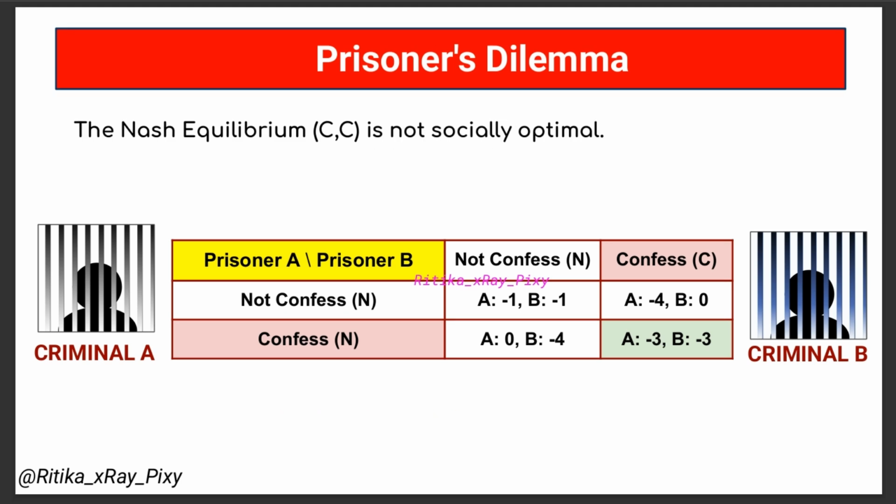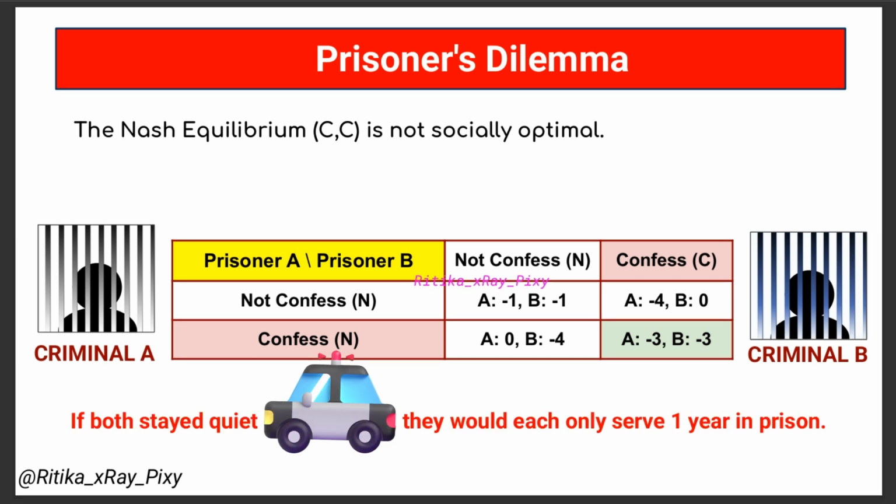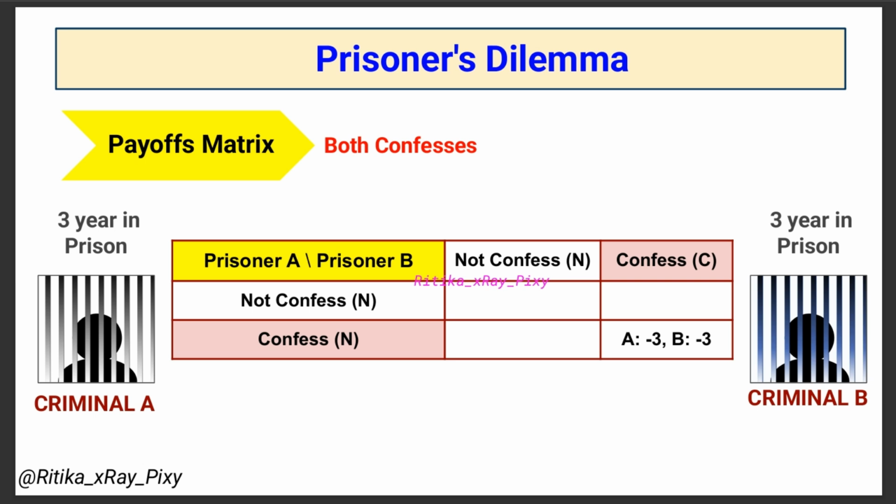So here you can see the Nash equilibrium. With both confessing, it is not socially optimal, because if both stay quiet, then each will get just 1 year in prison. But the fear of disloyalty and the specific reward to confess lead them to the worst collective decision. Now both will spend 3 years in jail instead of 1.